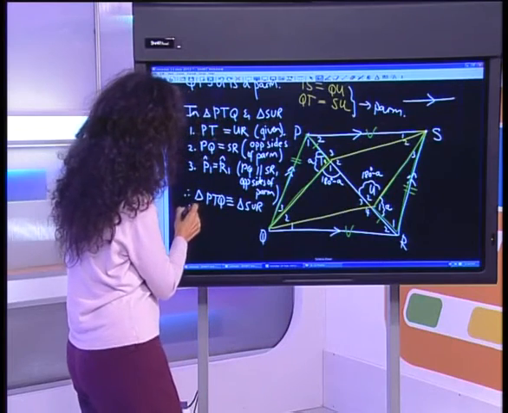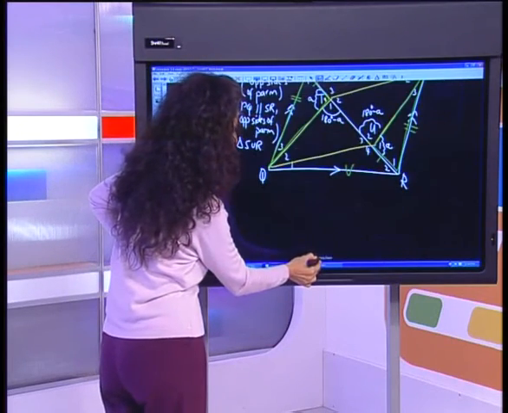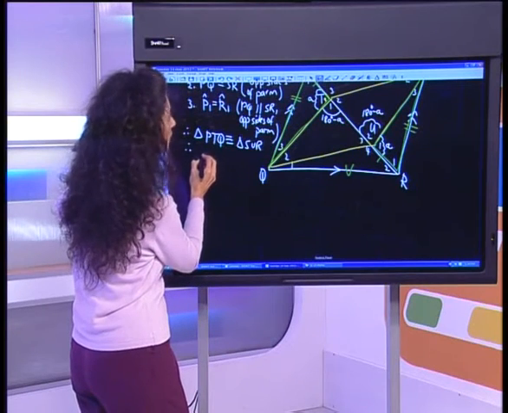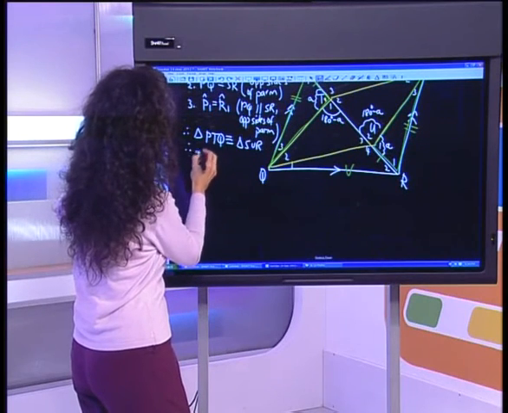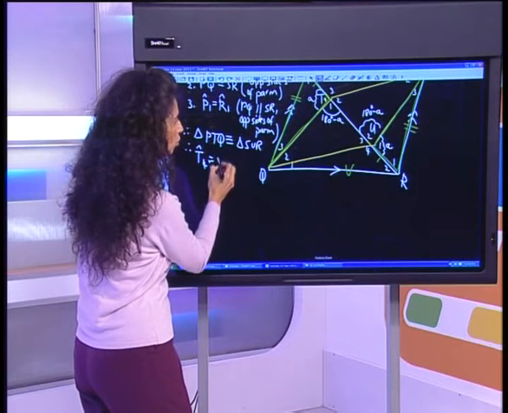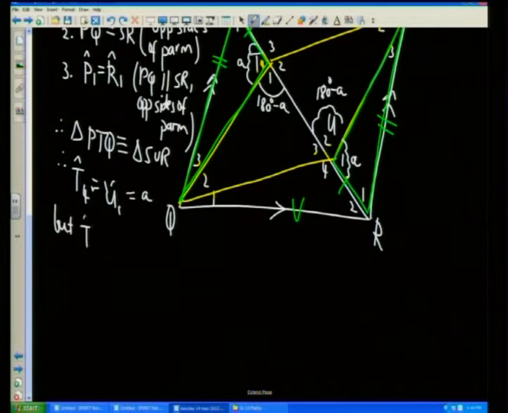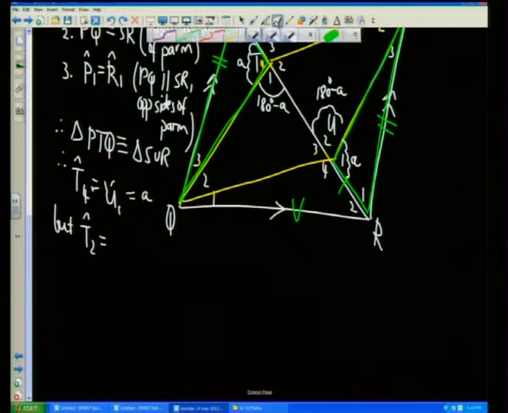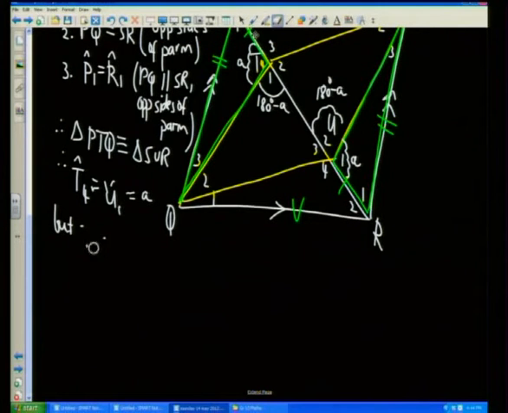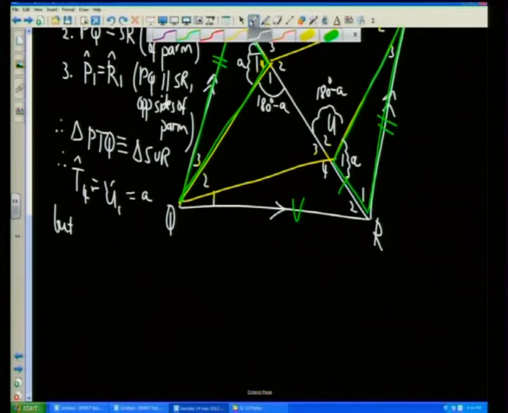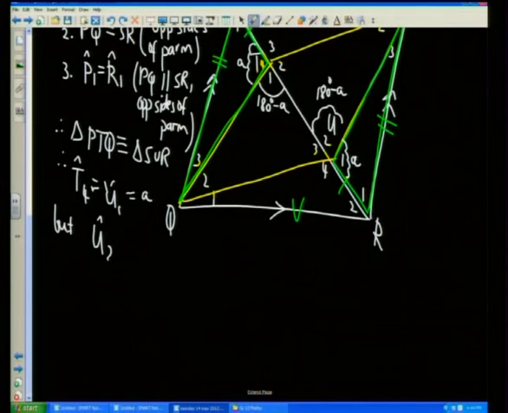Okay, so we would therefore say that our corresponding parts in the triangle, that T4 would then be equal to U1, and they would both be equal to A. But actually it's U2, so U2 would then be equal to T1, would be 180 minus A.